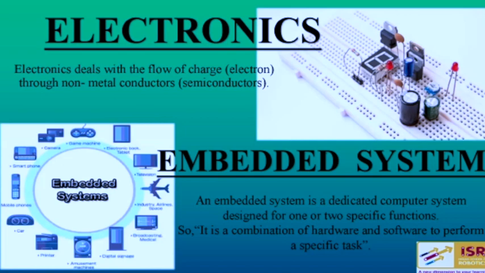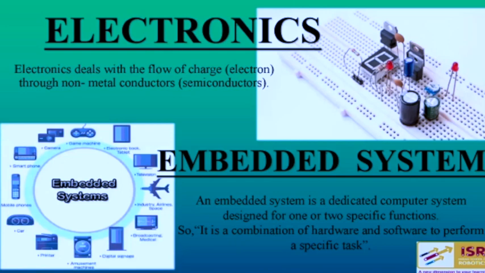Now next is embedded system. An embedded system is a dedicated computer system designed for one or two specific functions. The various examples of an embedded system can be your computer system, a printer, the washing machine, and your refrigerator.